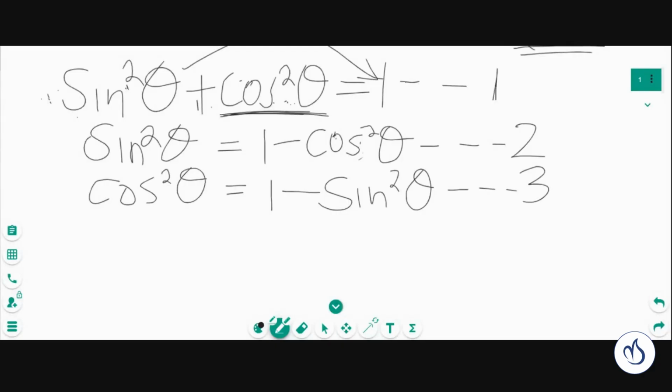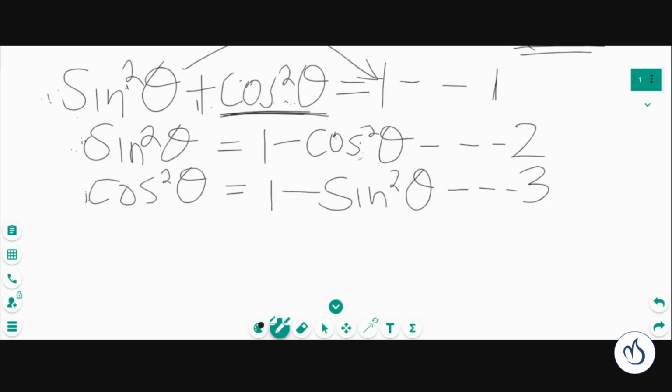However, maybe my question does not have the squares. My question could have the sine, but it's not squared. So I can juggle these two. We are going to play with those two to convert to an angle that has no square. How do I do it? It's basic.